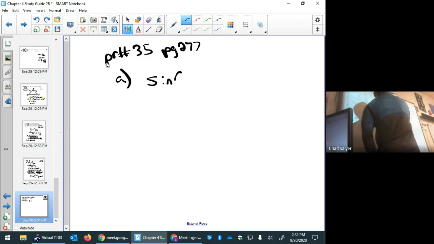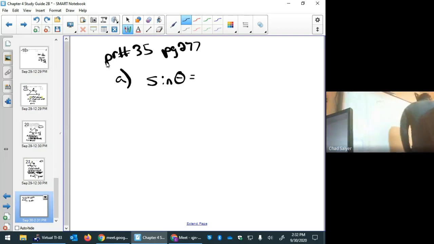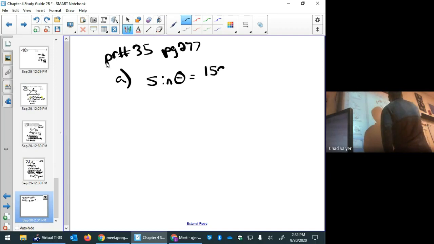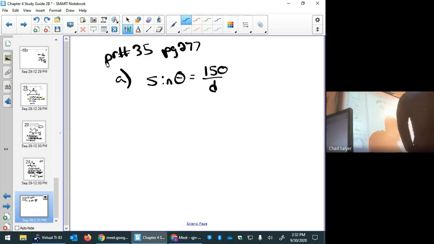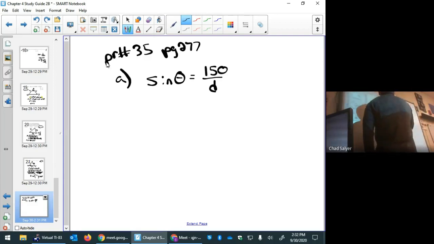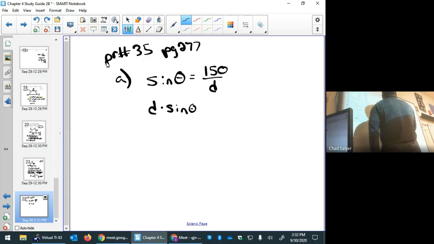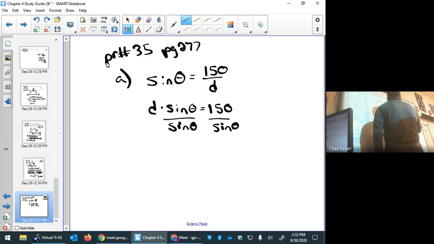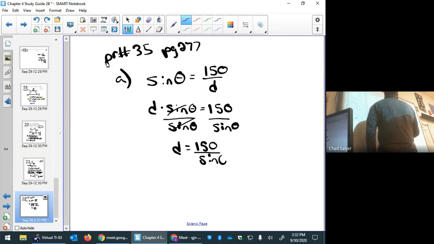So the sine of theta is going to be equal to 150 over D. But we want to solve that for D. So it says write D as a function of theta. So if I multiply both sides by D, we get this. And then if I divide away the sine theta, I get this result. So the answer is D is 150 over sine theta.